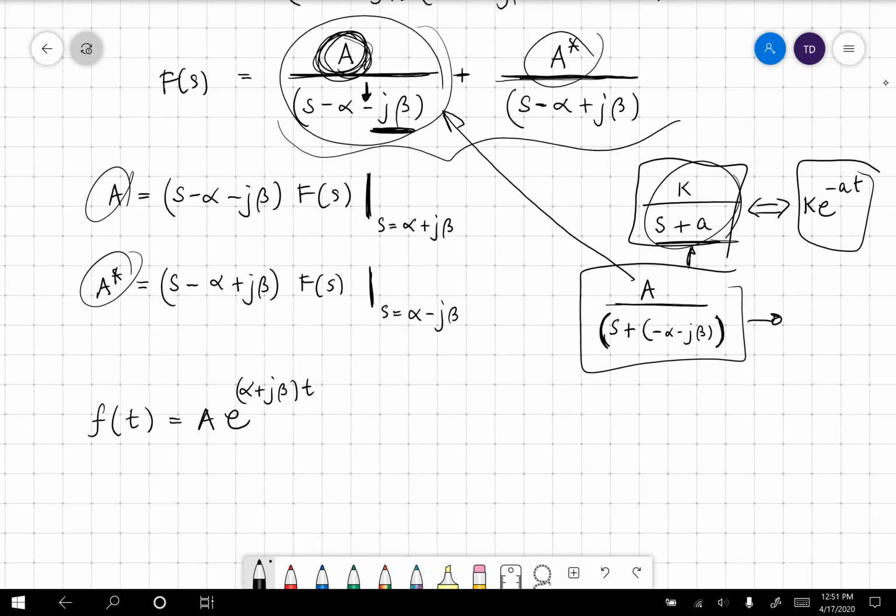Is there anything that can be pulled out of the real part? In other words, it's real, so it doesn't matter if I leave it inside or I pull it out in front. What about the magnitude of A? Is that a real number? Yep. It sure is.